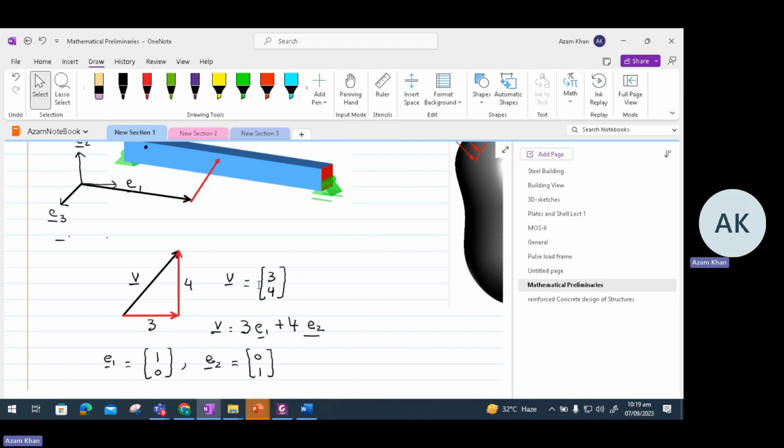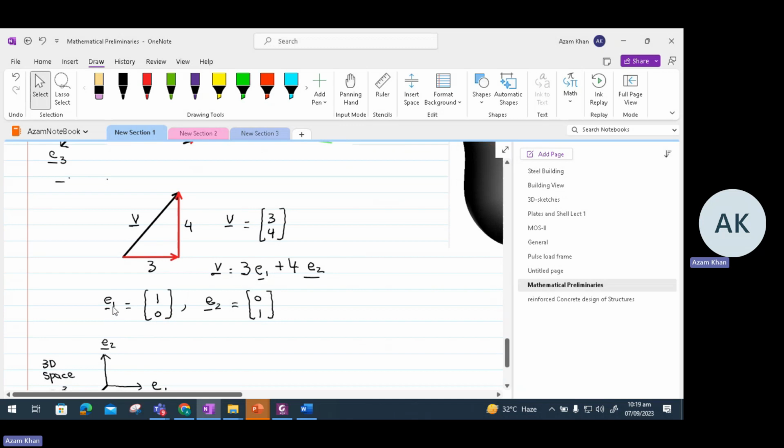Now, a unit vector is a vector that goes only unity in a particular direction. The actual component of this v vector goes 3 units in the E1 direction, or in this direction. But a unit vector will go only unity in this direction, and another unit vector will go unity in the y direction, or E2 direction. Hence, E1 vector is (1, 0).